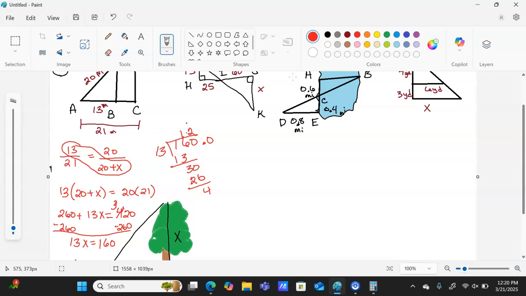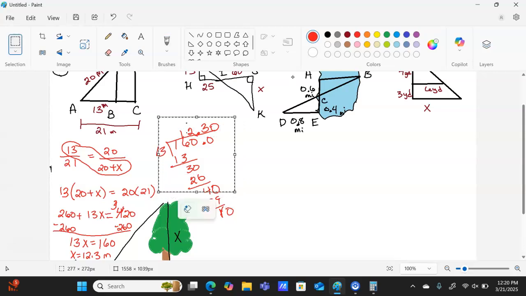I'm going to put in a decimal. And that will go in 3 times. That's 39. And there's only one left, so I know this is going to be a 0 if I put in a 0 there, so I get X is 12.3 and my unit is meters.